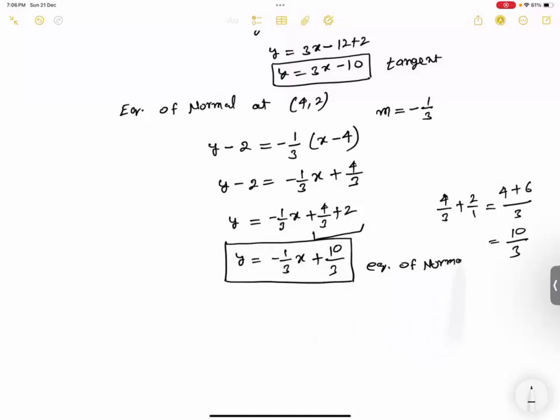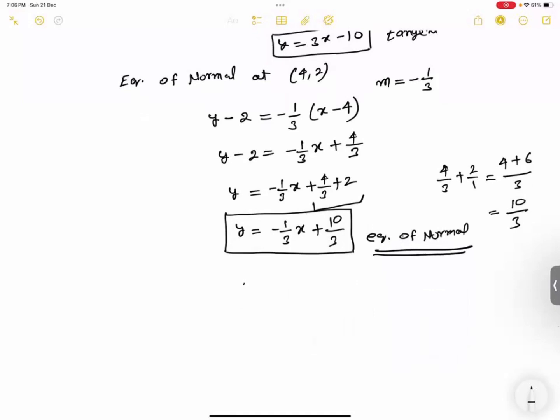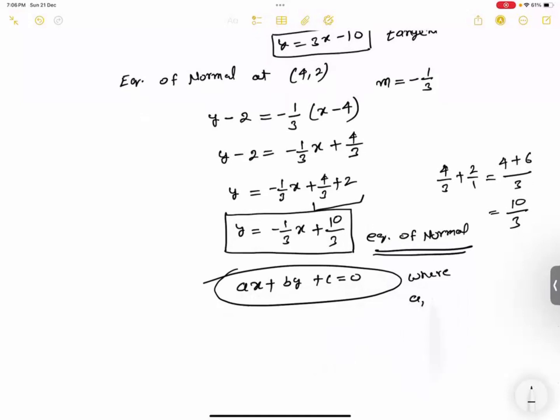Okay. Sometimes they ask in the question that you write your equation in the form ax plus by plus c equal to 0. And they also mention that a, b, and c are integers. So this equation, we can write in this standard form, or you can say general form. So what to do here?